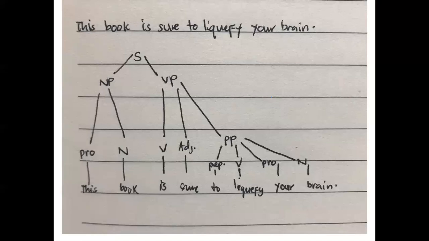Though your brain could actually include a noun phrase in here, I also consider that some students forgot the noun phrase there, so I consider that one too. So overall, we have NP and VP, the pronoun, noun, verb, and adjective, and the prepositional phrase.